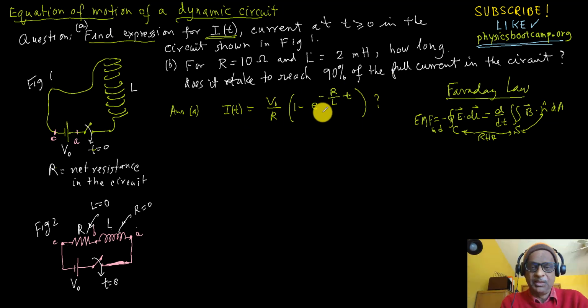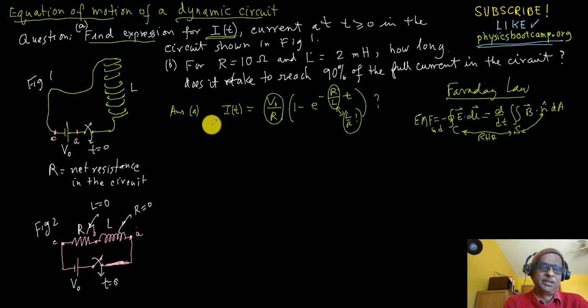If you know it from memory, I don't mean you give me this formula by memory. I mean derive this kind of formula. You want to see if it's L over R or R over L. You can guess the V0 over R part from the units: there's a V0 and there is an R, and there has to be a ratio of them, which becomes a current in terms of units. But the rest of it you really have to derive, and you can derive it using Faraday law.